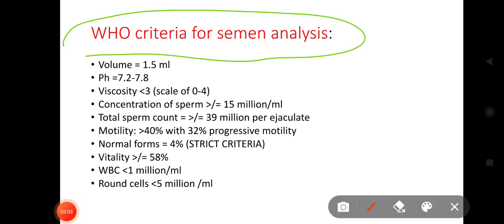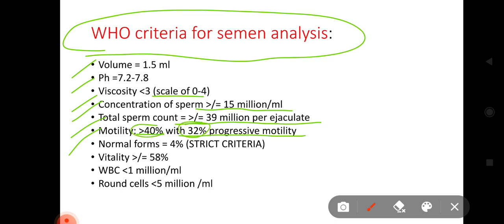WHO criteria for semen analysis: many MCQs can be formed. So the volume should be 1.5 ml, pH 7.2 to 7.8, viscosity less than 3 on a scale of 0 to 4. Concentration of sperm should be more than or equal to 15 million per ml. Total sperm count more than or equal to 39 million per ejaculate. Motility should be more than 40% with 32% progressive motility. MCQs have been formed in previous years on each of these points.